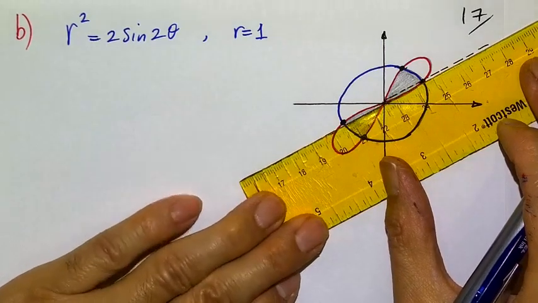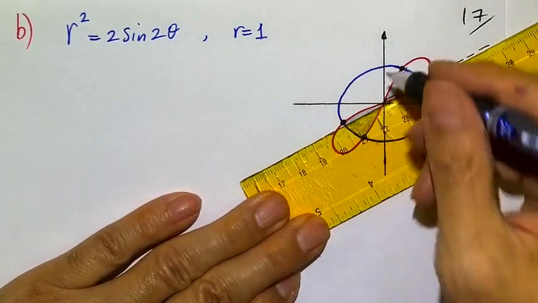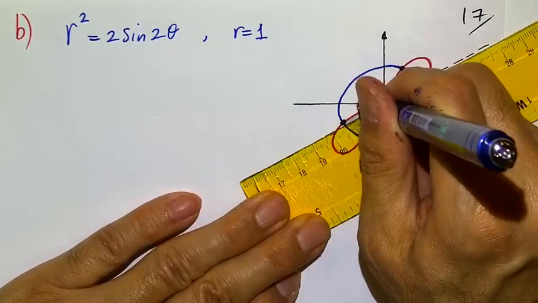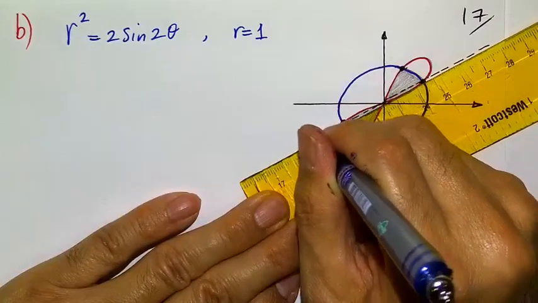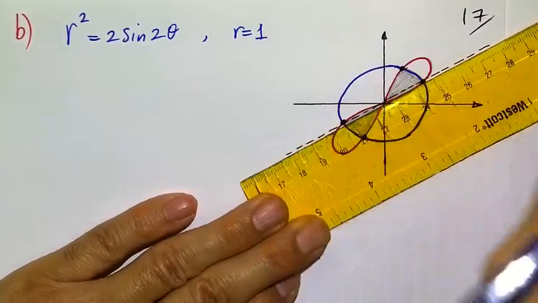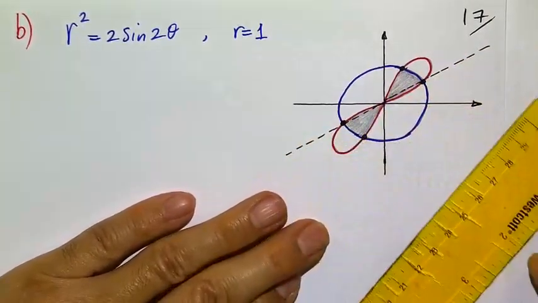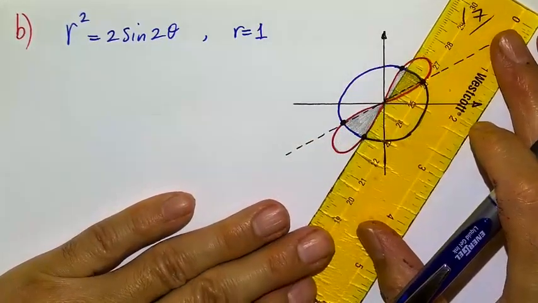I know it's off, but if I draw it, barely you can see that it goes through that. And then we can do the same thing with these two.